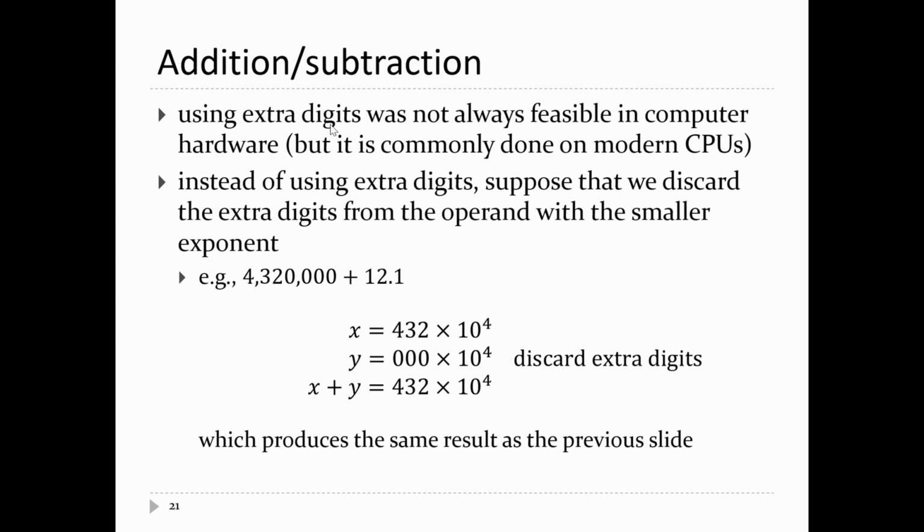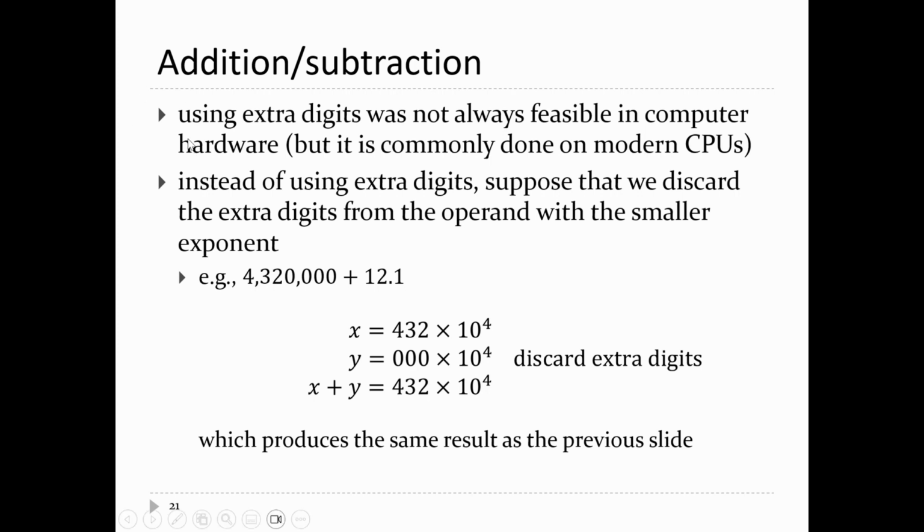especially in the past, in the early days of computing, sticking in these extra digits in hardware was not feasible. If you had an 8-bit computer back in the 70s or something like that, it either wasn't easy to do or it was prohibitively expensive to stick in some extra digits so that you can compute floating point sums correctly.